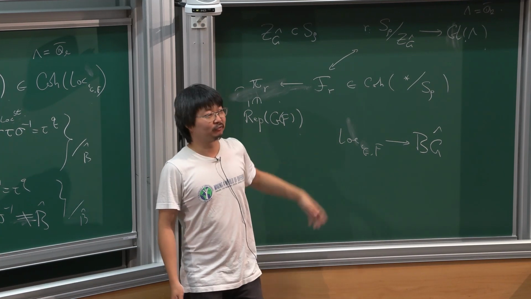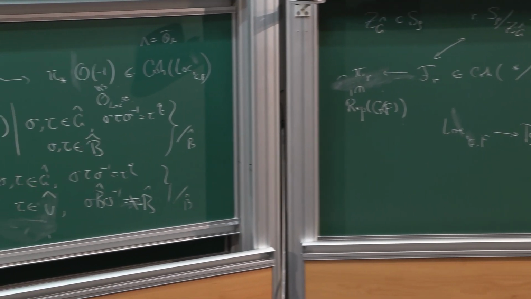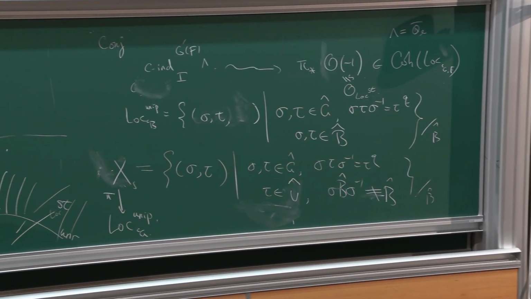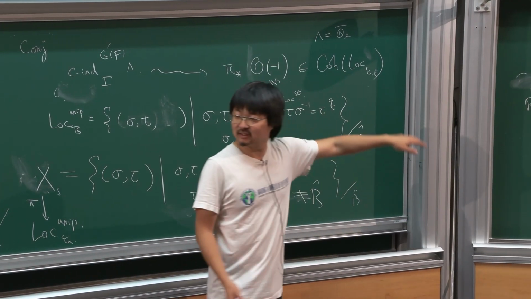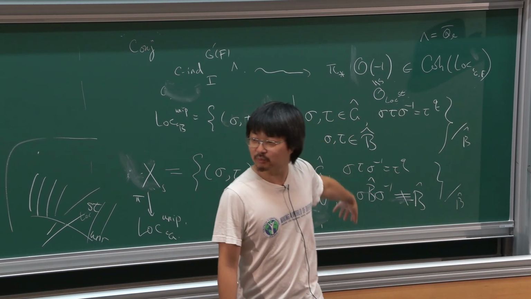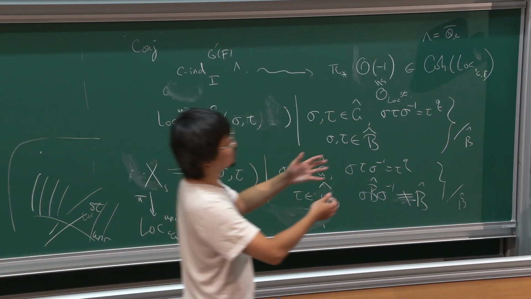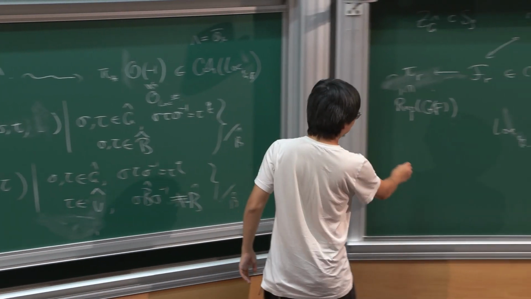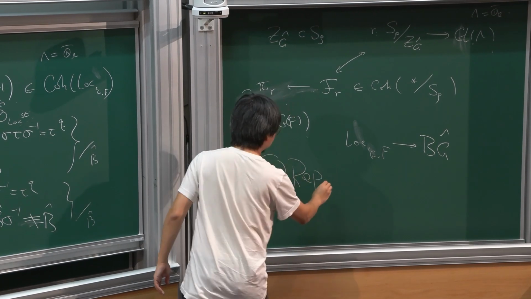The question is, what are these vector bundles? Does this have some representation-theoretic meaning? It turns out those vector bundles will never land inside this representation theory category, unless it is the trivial vector bundle. So that means you somehow need to enlarge this category.